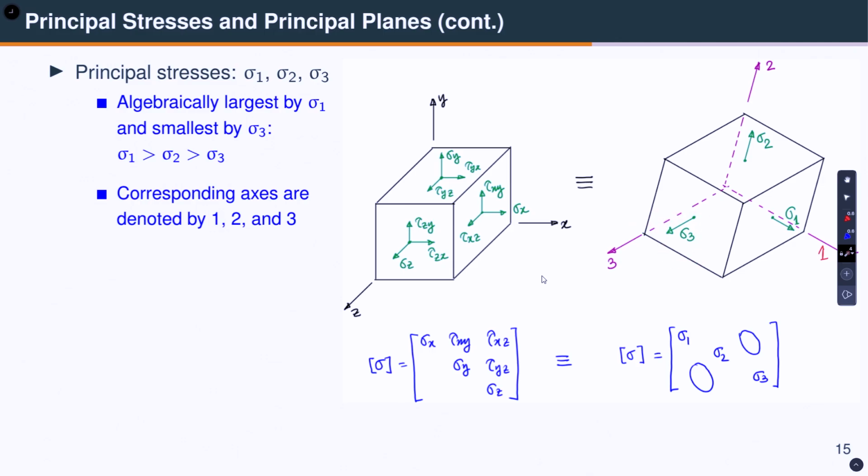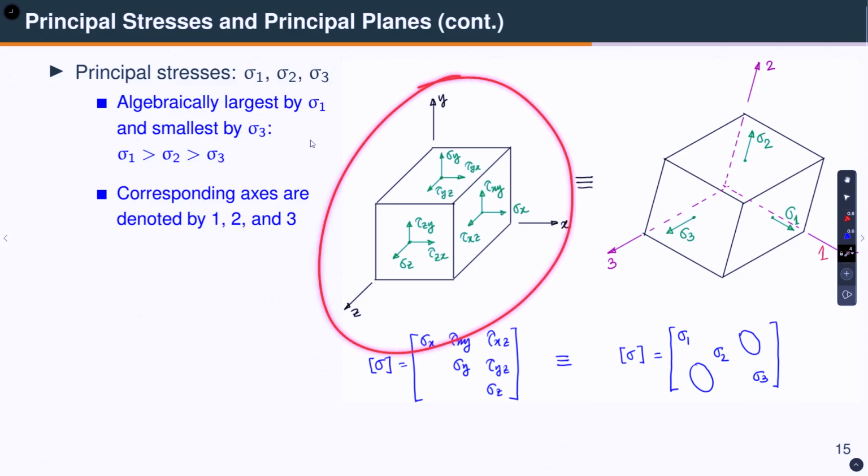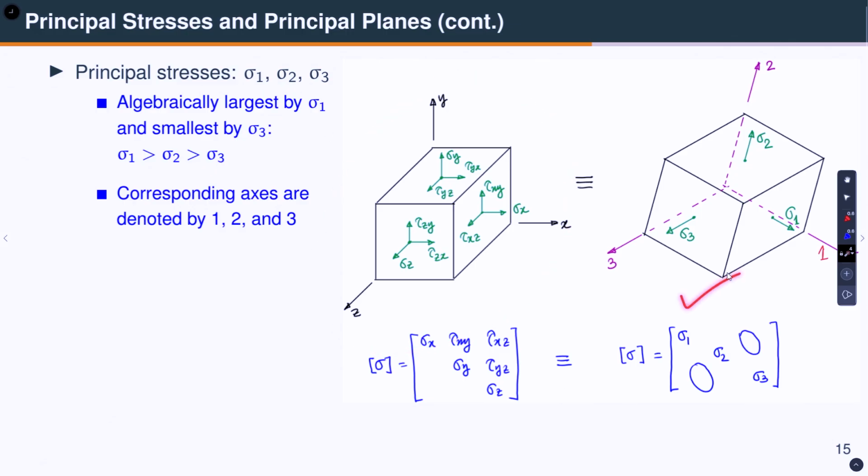They are often denoted by sigma 1, sigma 2 and sigma 3. The algebraically largest one is denoted by sigma 1 and the algebraically smallest one by sigma 3. This is a convention that we adopt: sigma 1 is greater than sigma 2 is greater than sigma 3. Then this state of stress is identical to that where I am just writing the 3 numbers. Of course, I need to know the direction of the principal planes, which we shall derive later on.